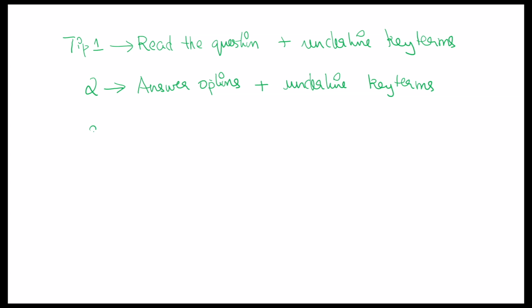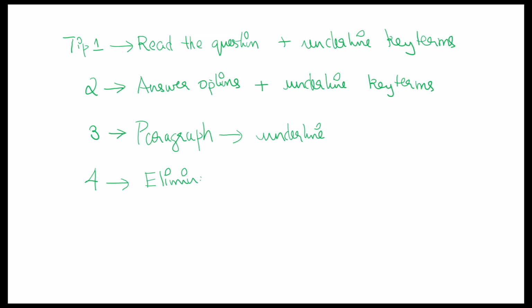Tip number 2 is read the answer options, and as you read the answer options, you underline the key terms. Tip number 3 or step number 3 is look at the paragraph involved and underline the terms that you feel are important. Step number 4, you can eliminate the wrong answer options. Step number 5 is choose the right option.